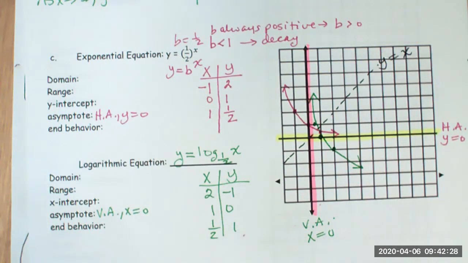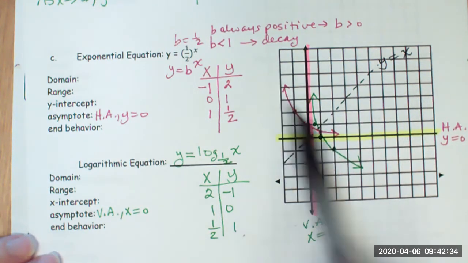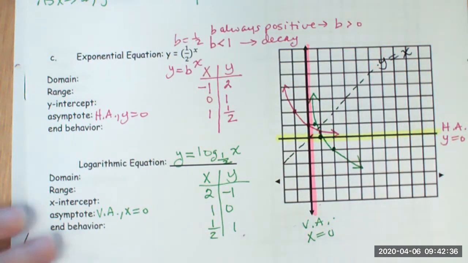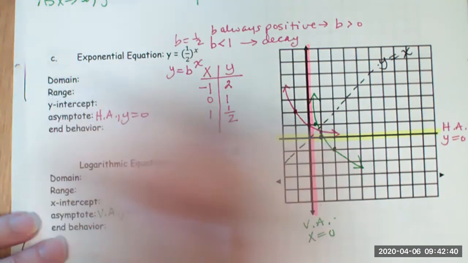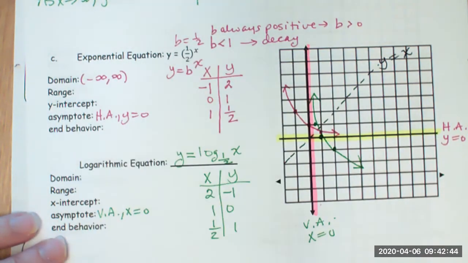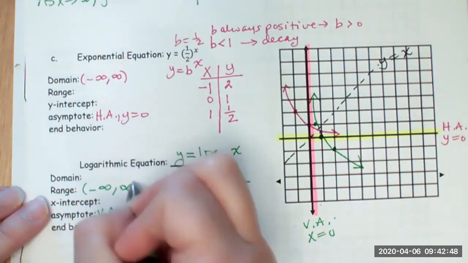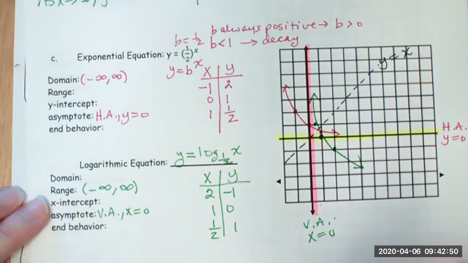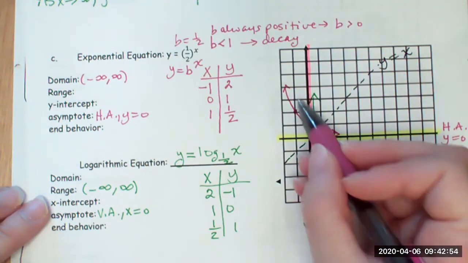Okay, so as you can see, if you look in the pink, and also based on what we've already done repeatedly for these parent exponential functions, the domain, as you know, is all real numbers, which means, of course, that for the logarithmic function, the range is all real numbers, right? And the range here goes from right above that horizontal asymptote up to infinity.